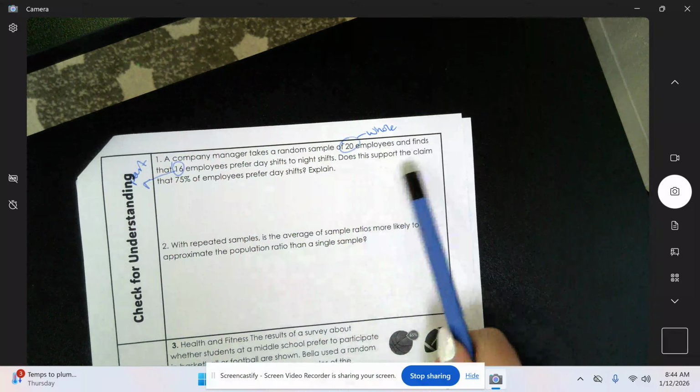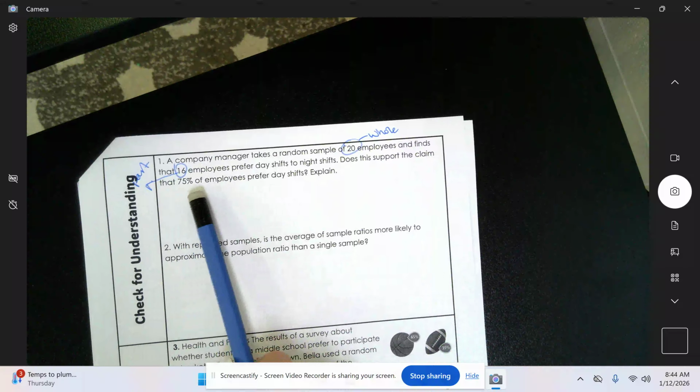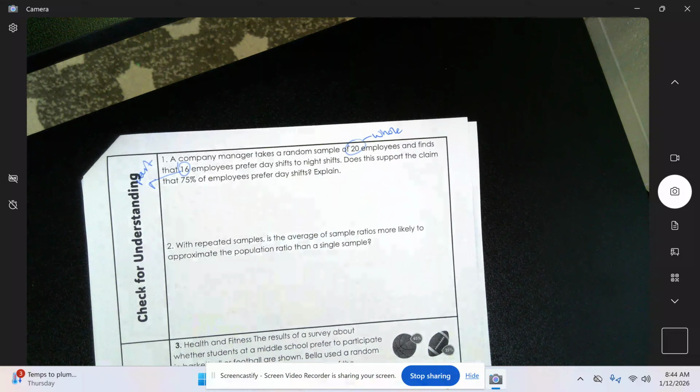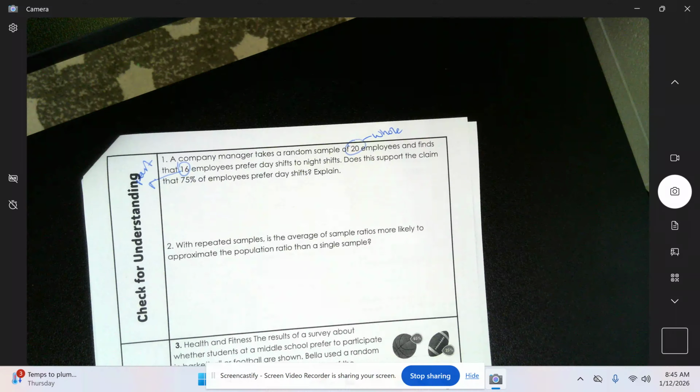Does this support the claim that 75% of the employees prefer day shifts? How can we compare these two? Right now we've got a ratio, right now we've got a percent. What could we do to compare them better? Change both of them to a percent, right? We already have 75%.